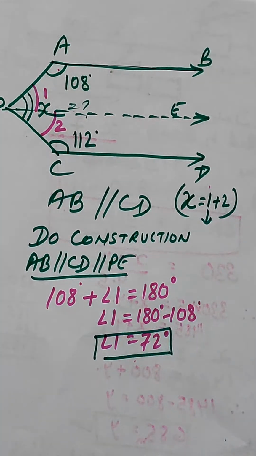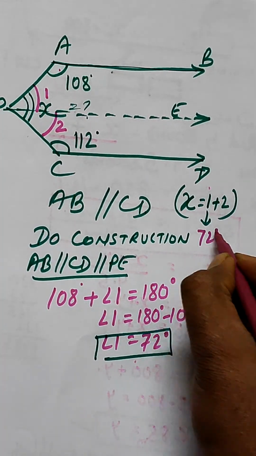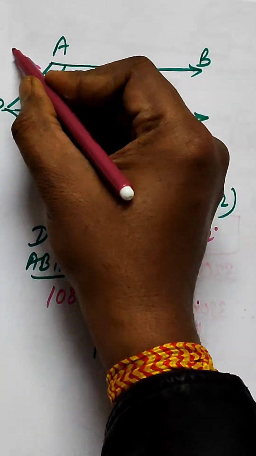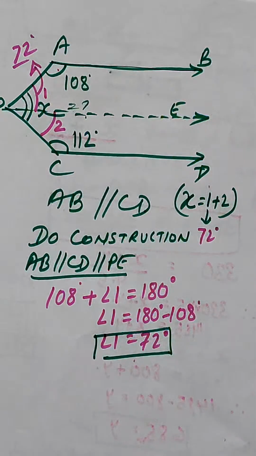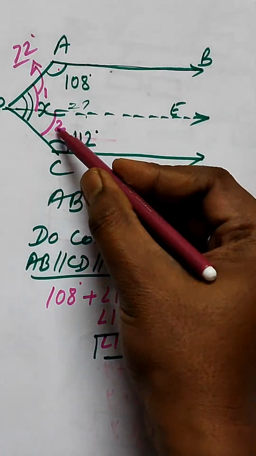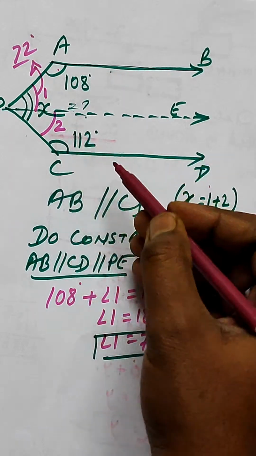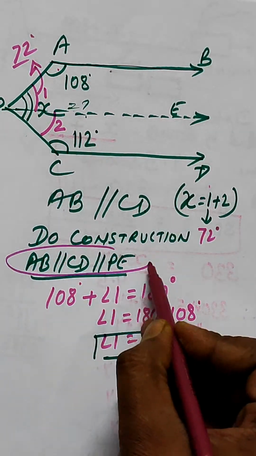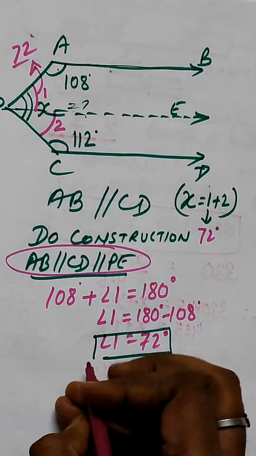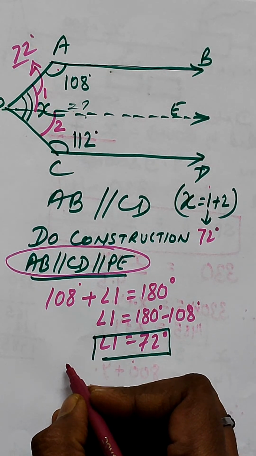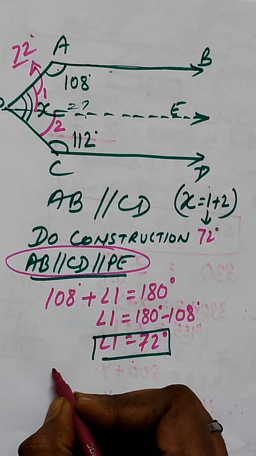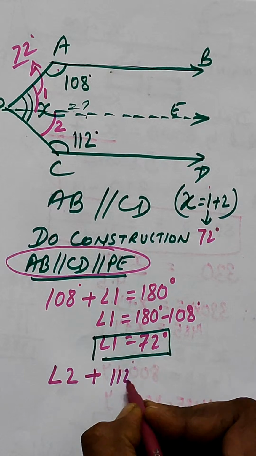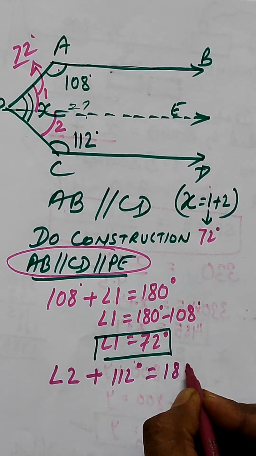So this is 72 degrees. Now similarly calculate angle 2. Since PE is parallel to CD, similarly we can say that angle 2 plus 112 degrees is equal to 180 degrees.